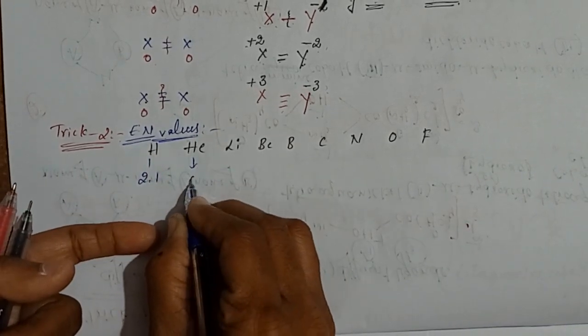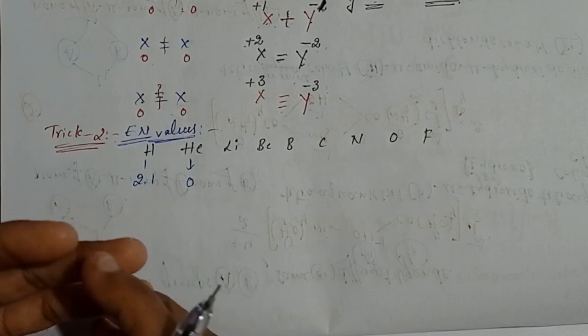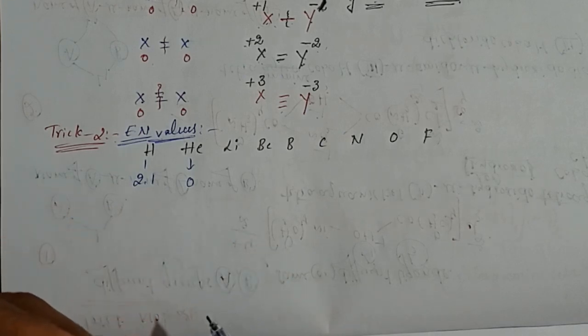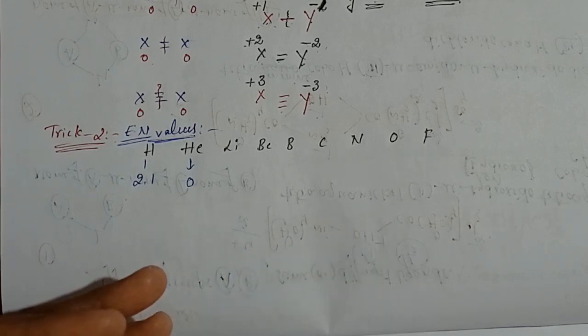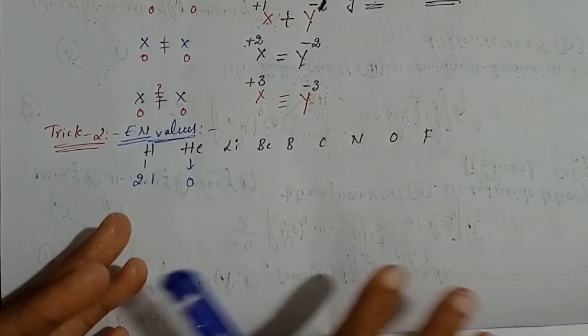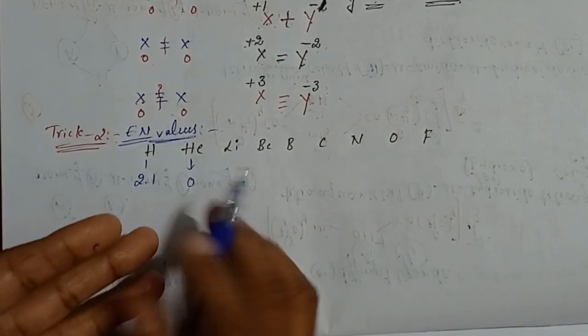Helium's electronegativity value is 0, students, because it is a noble gas element and already stable, so it is not ready to gain electrons. If it gains electrons, it loses its stability. So it does not have the tendency to accept electrons. Already it is stable, so its electronegativity value is 0, students.